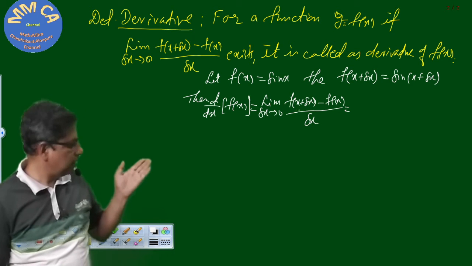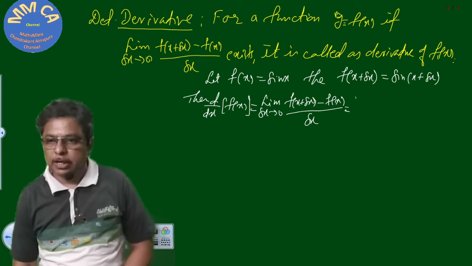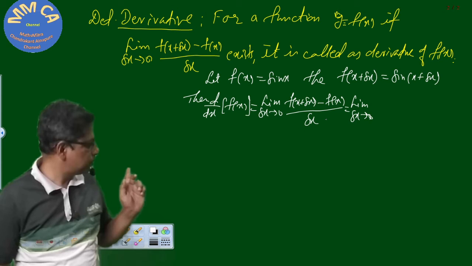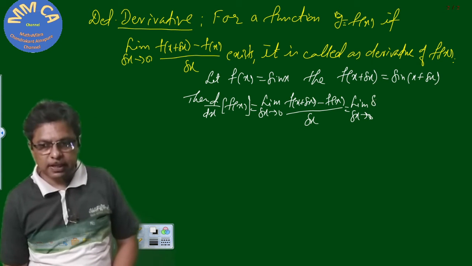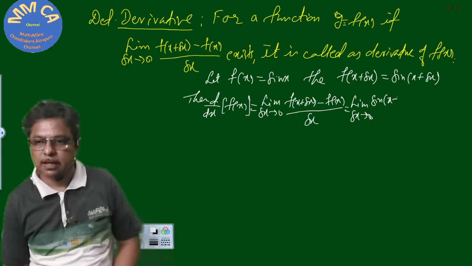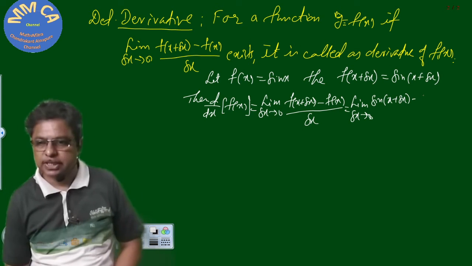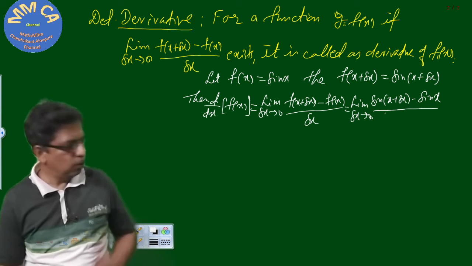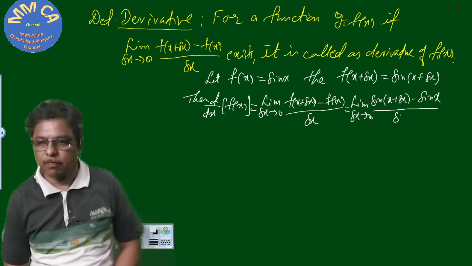Okay, and we have already obtained these values. So limit delta x tends to 0, f of x plus delta x is sine of x plus delta x, minus f of x, which we have taken as sine x, and it is divided by delta x itself, with no change in the denominator.